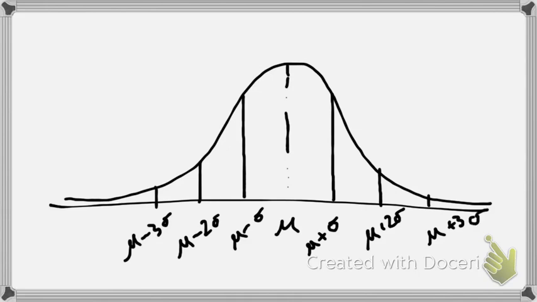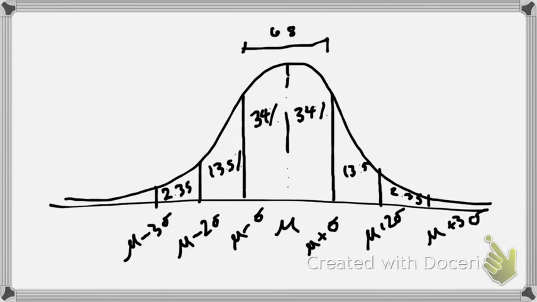Now, the way that we look at this, 34% of people typically score just below the mean, 34% of people typically score just above. If we continue on that, 13.5% scored just below that, 13.5% scored just above that, and then down at this, there's this very, very little 2.35% and 2.35%. So it's a perfect mirror image, but notice this makes up 68% of the data, which is typically pretty accurate, right?